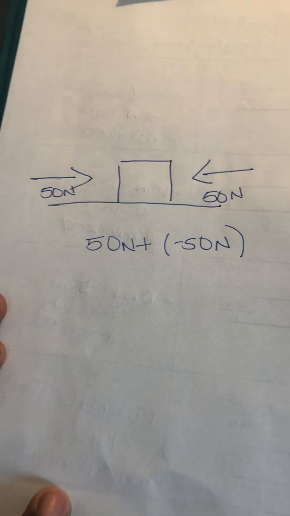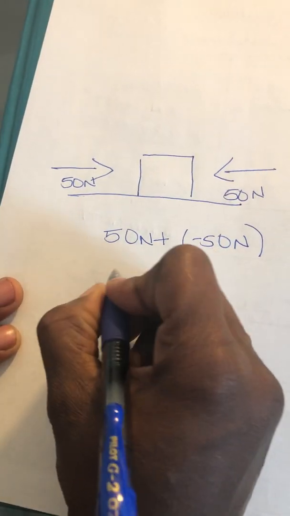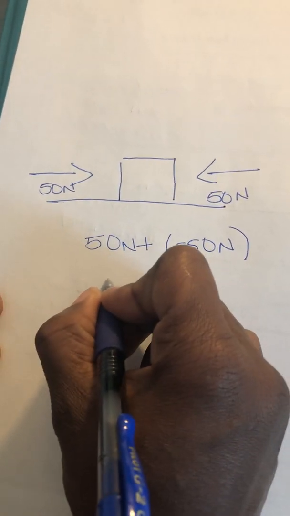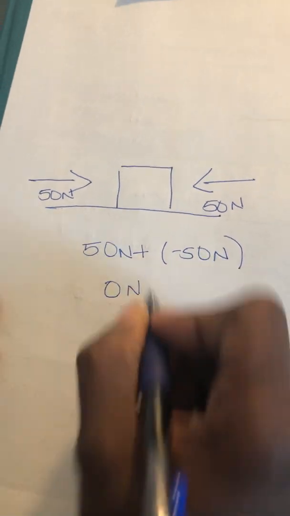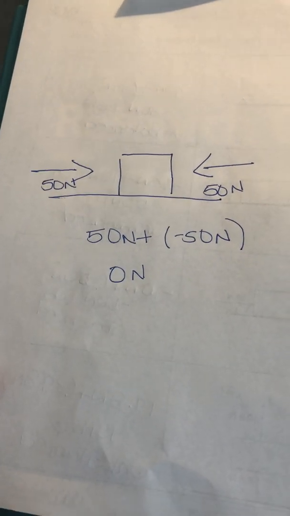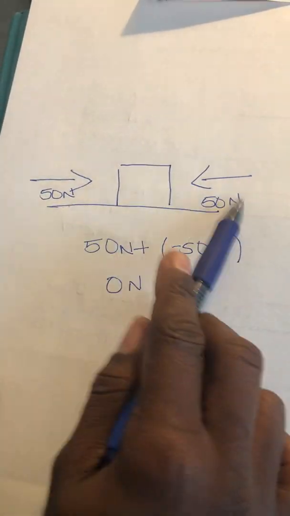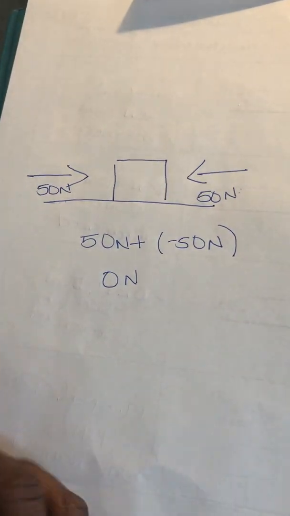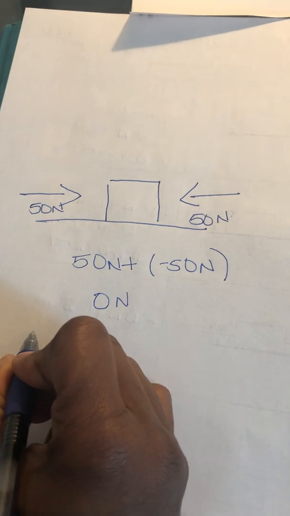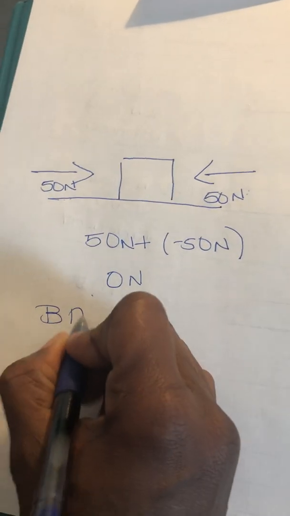And this positive and negative are going to cancel each other out for a total combined force of 0 newtons. This block is showing an equal amount of force on either side, and it equals out to 0. That makes this force balanced.